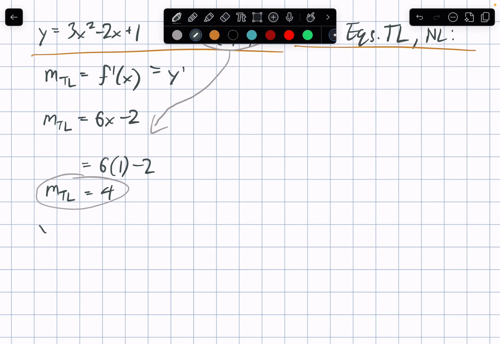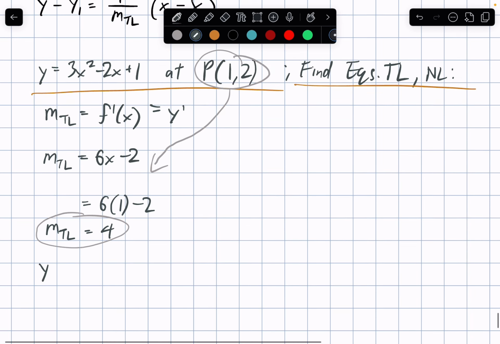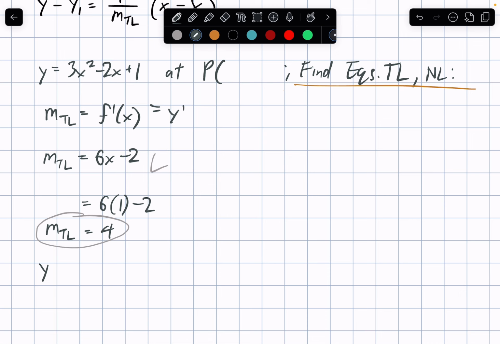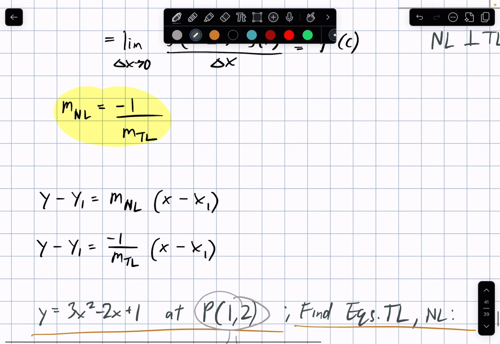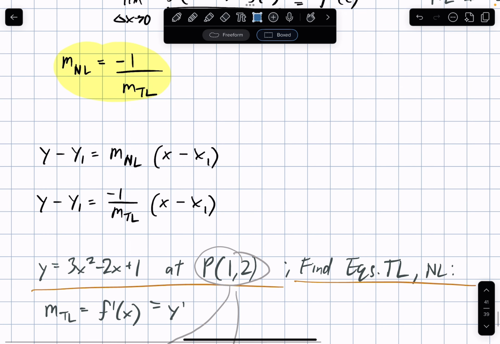So using the point-slope form, also using the point that we were given earlier, y minus 2. Let me write the formula first. Let me just clarify this.